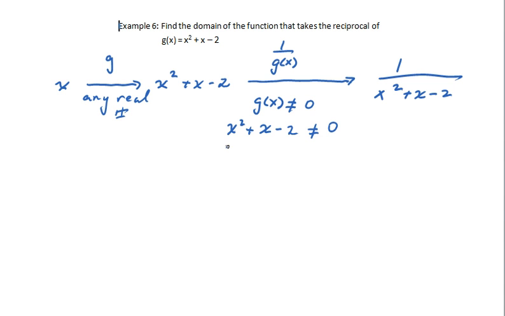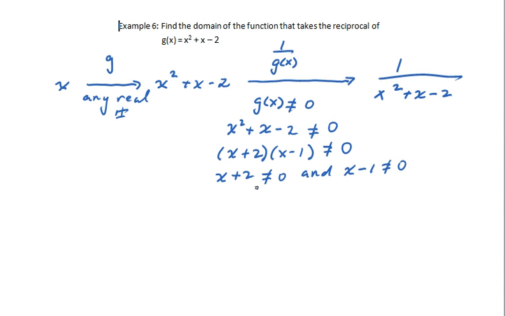However, this factors to give us x plus 2 times x minus 1 cannot equal 0, which is equivalent to x plus 2 cannot equal 0, and x minus 1 cannot equal 0.